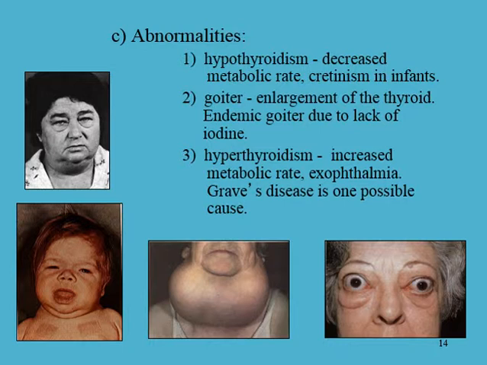Goiter has numerous causes, but one type of goiter is something that we call endemic goiter. Okay? So one type of goiter would be endemic goiter. There's that word. What does endemic mean? In an area, right?